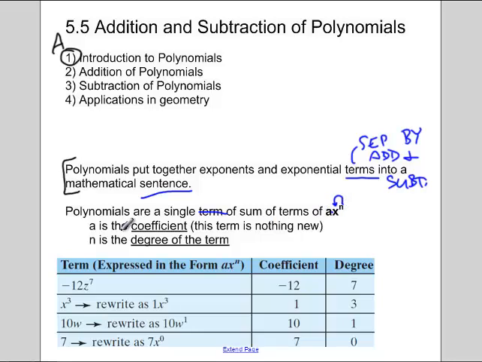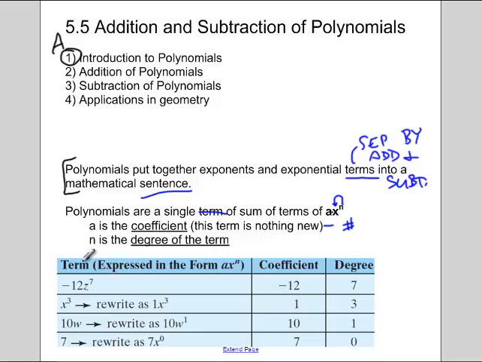A would be the coefficient, which is nothing new. That's just the number in front of the variable. And n is the degree of the term. Each of these terms is going to have a degree associated with it, and the degree is just the nth power that's on the x. So let's take some of these examples and look at some terms.